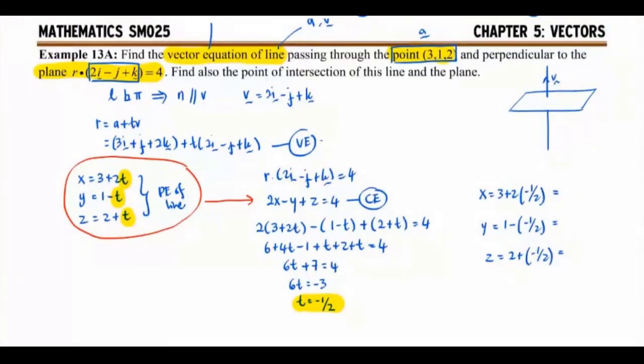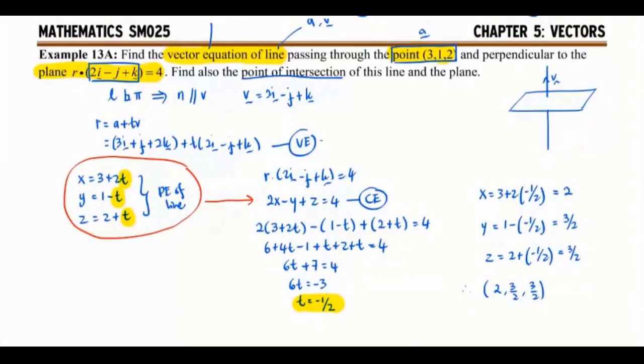Are you sure? Okay. Y? Y we will get 3/2. Okay, 3/2. Z? 3/2. Okay, 3/2. So, the final part we have to give in terms of point of intersection. It means in terms of coordinate. So, we have 2, 3/2, 3/2.